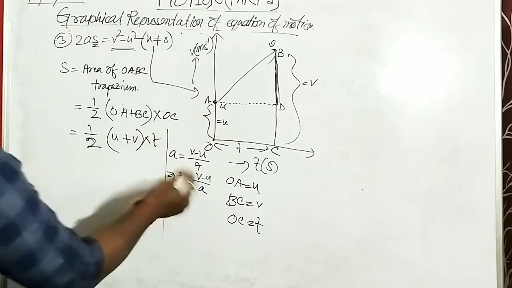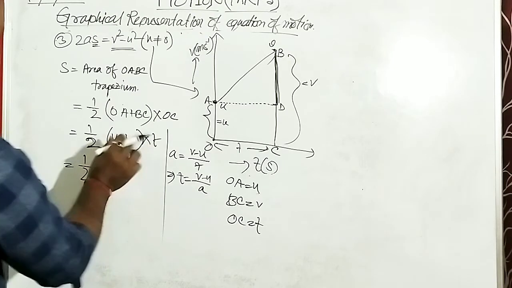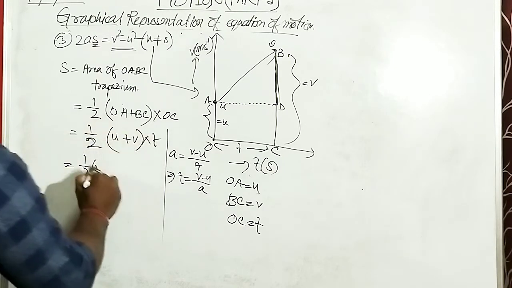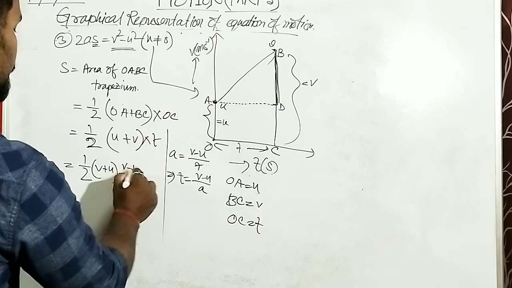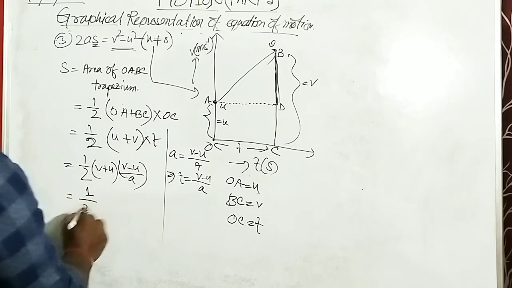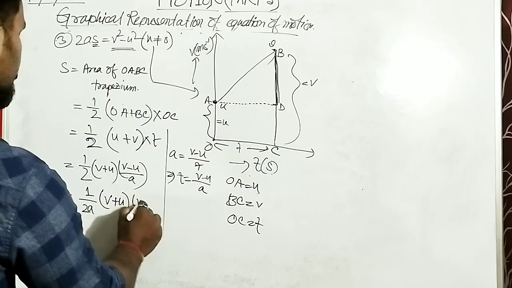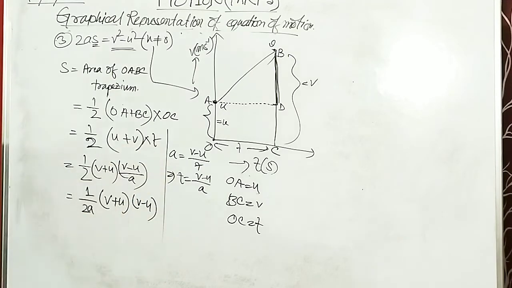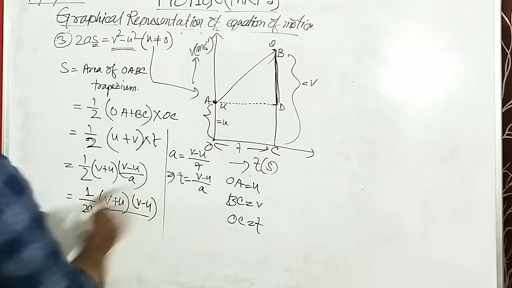Right? Now put the value of T here. Half of, we'll write this a little bit differently, U plus V as V plus U. Quite simple thing. And T we have got V minus U by A. Right? We will again write 1 by 2A. This is nothing but V plus U into V minus U. Using the formula A plus B into A minus B equal to A square minus B square, V plus U into V minus U will be V square minus U square.